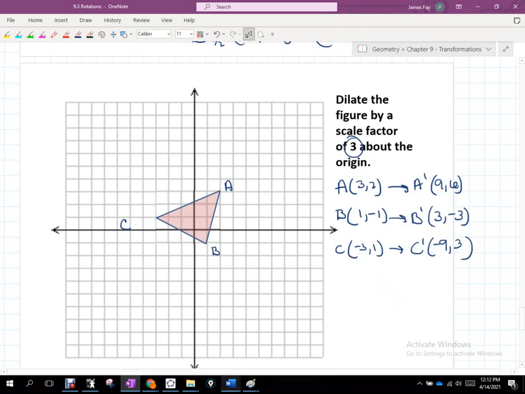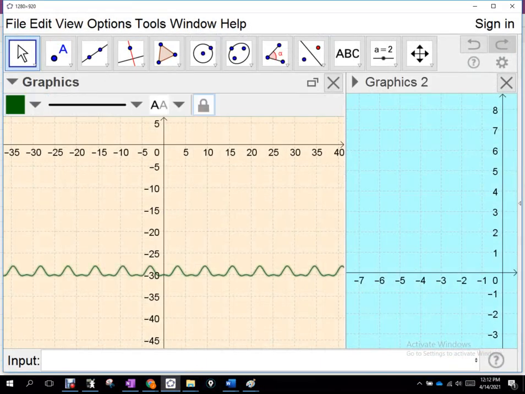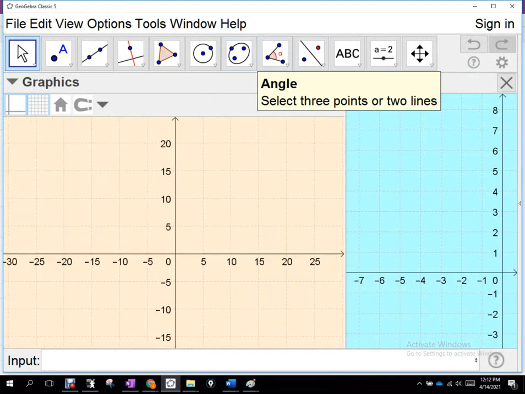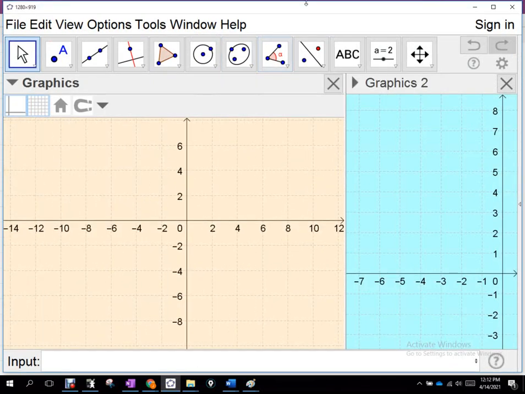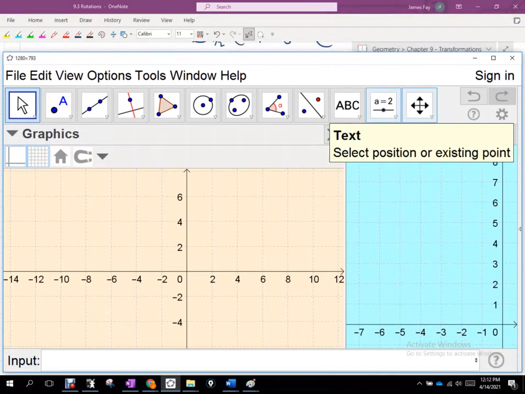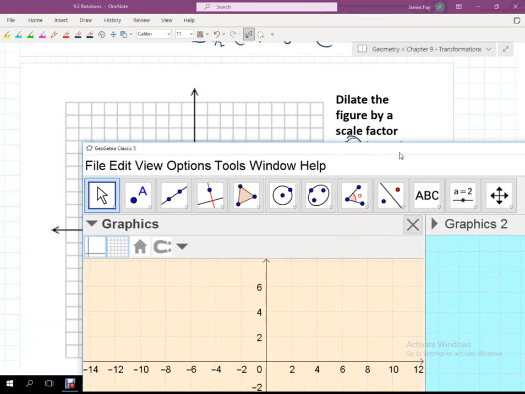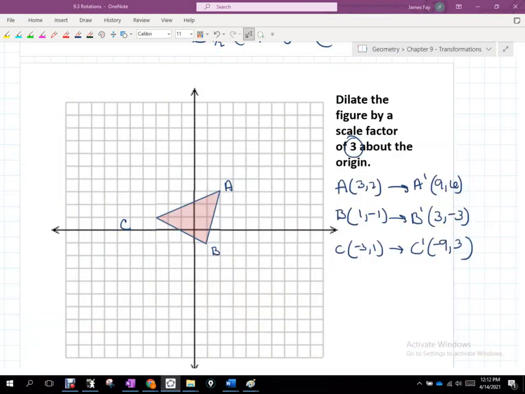So what I want to do, real quick on GeoGebra, is demonstrate those points. A equals 3, 2. B equals 1, -1.